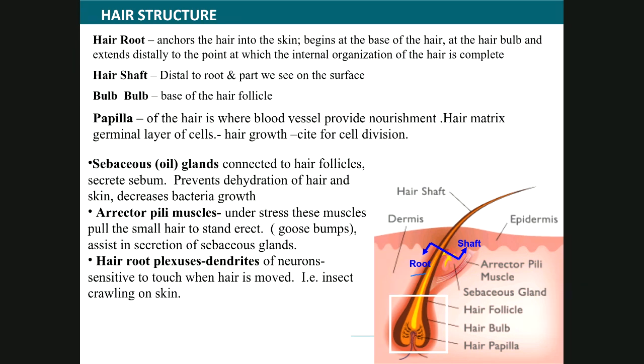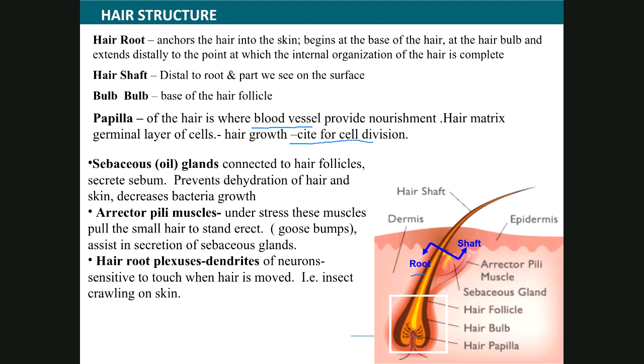The papilla is where we have the blood vessels that nourish the hair and is the site for cell division and growth. I know we could cut the hair, right, and we don't feel that. But if we pull the hair, this region is the sensitivity. It can hurt.